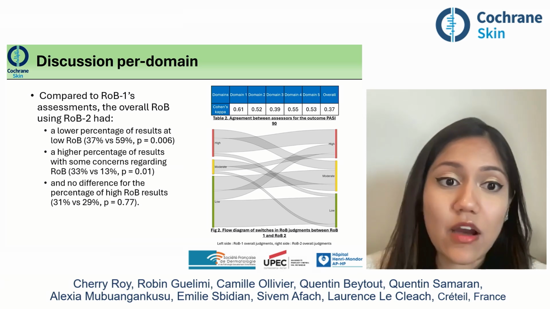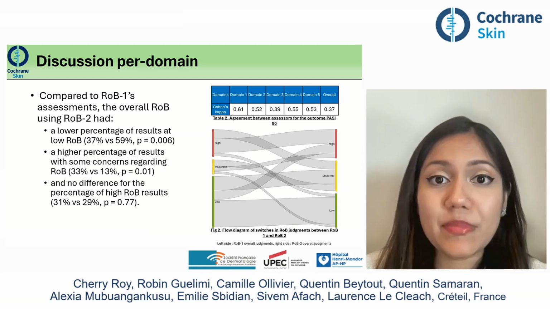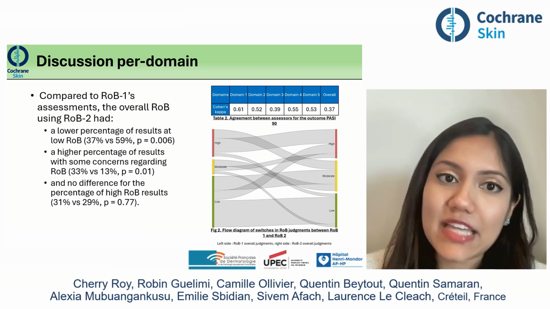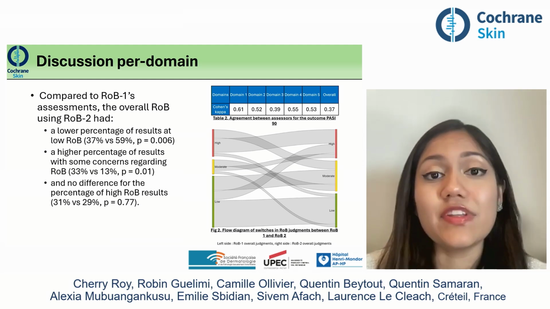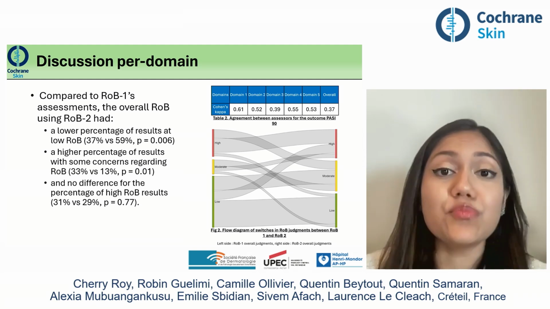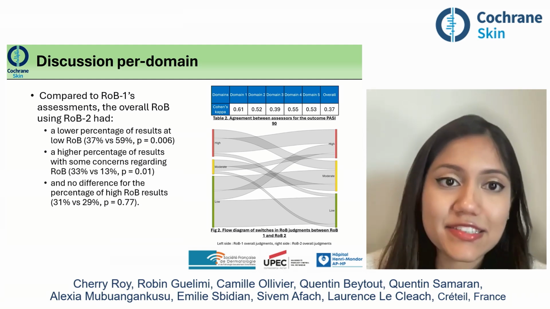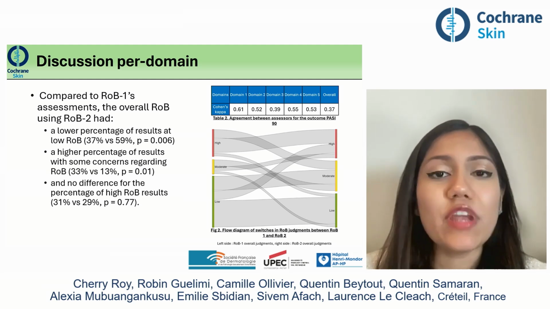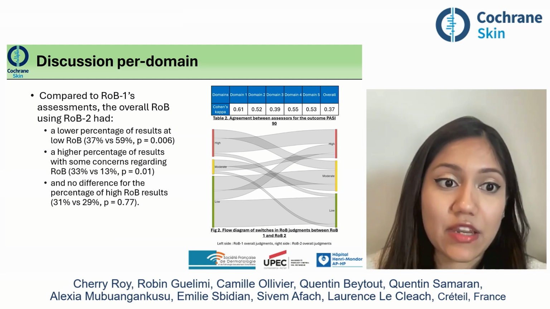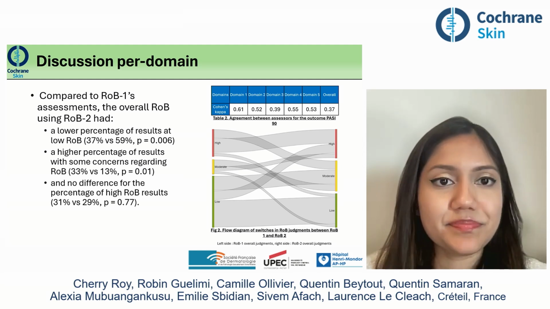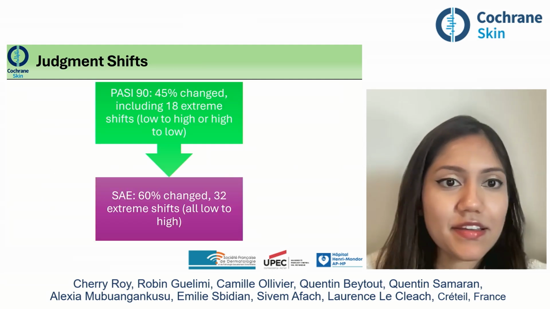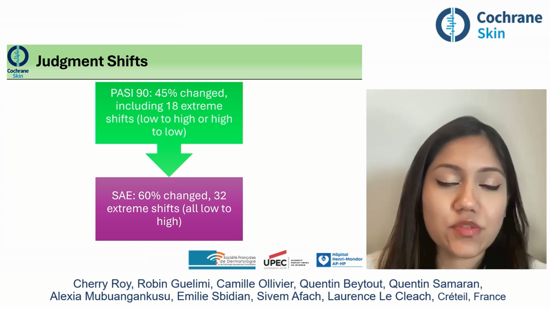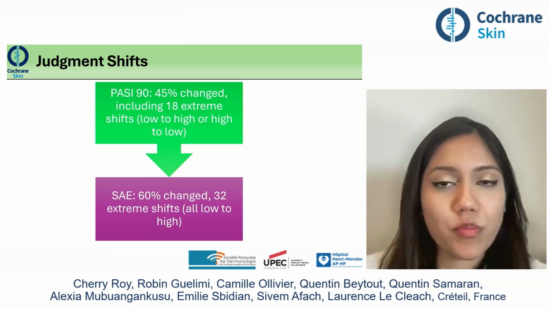The challenges we encountered can be seen as well with deviations from intended intervention, missing data, and reporting biases without access to protocols, and the need for extensive calibration and consensus meetings required for frequent review discussions within this exercise.